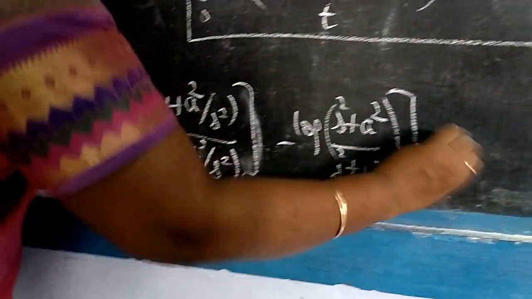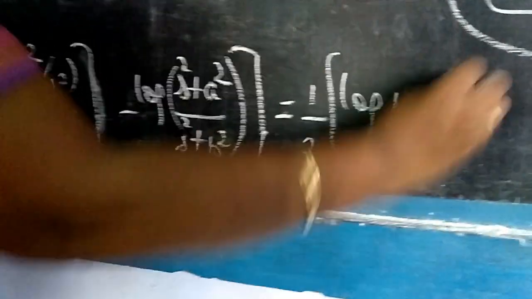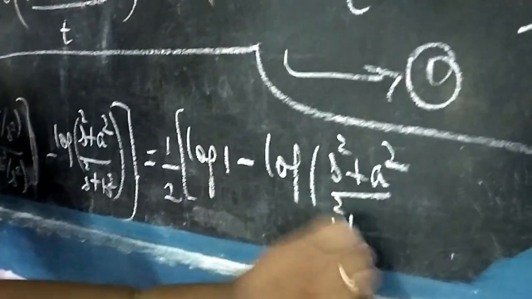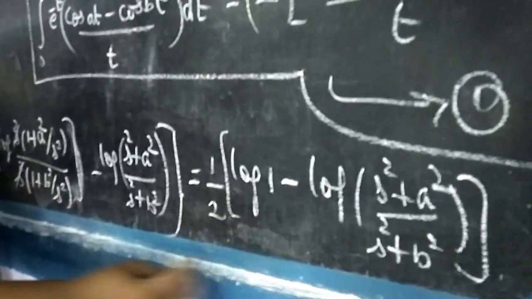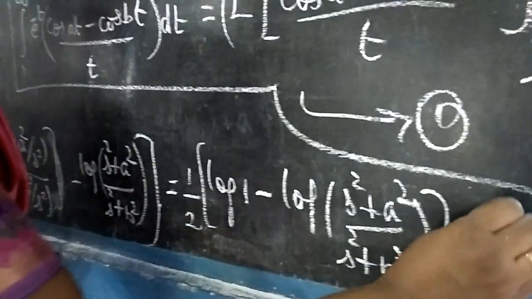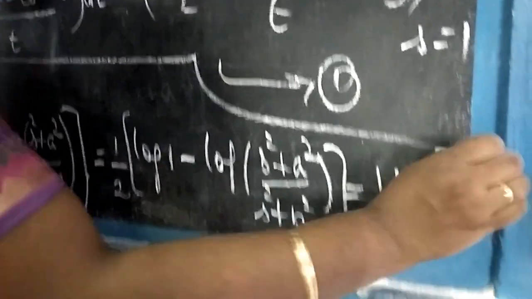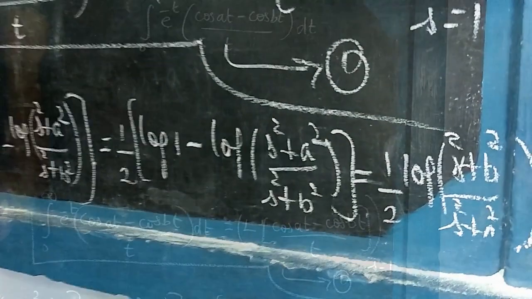It is 1 by 2 log 1 minus log of s square plus a square divided by s square plus b square. Log 1 is 0. So we get the answer 1 by 2 log of s square plus b square divided by s square plus a square.